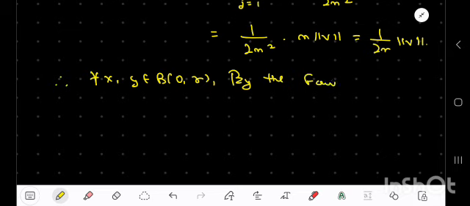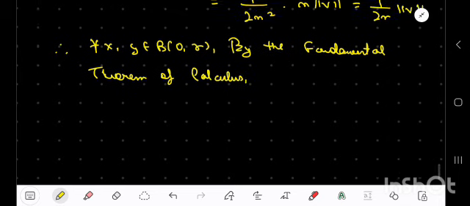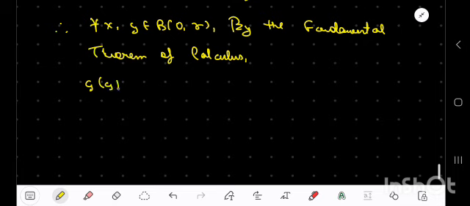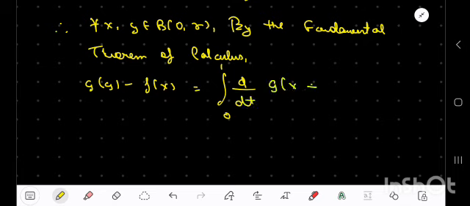by the fundamental theorem of calculus, what do we have? We have g(y) minus g(x). This can be written as the integration from 0 to 1 of the derivative of the function at this point, dt.